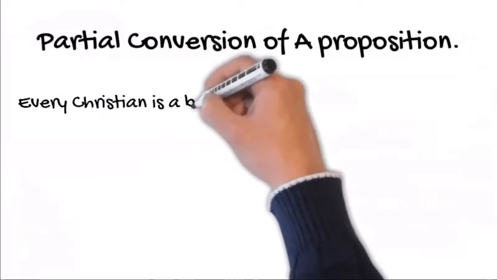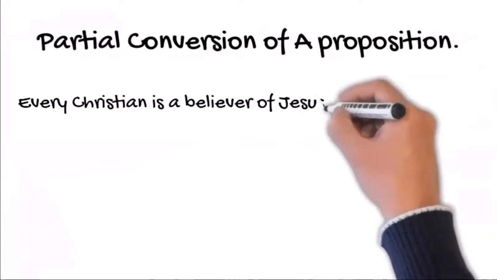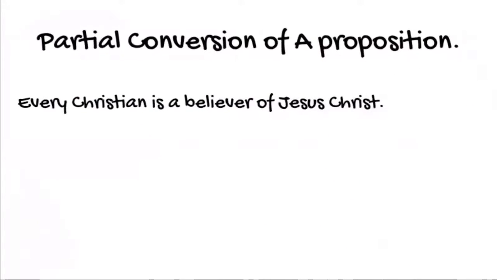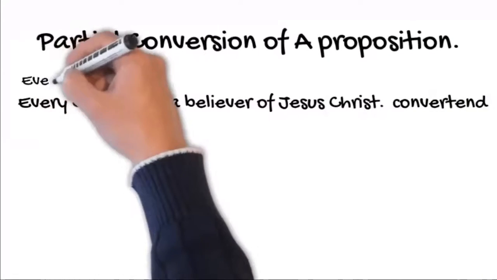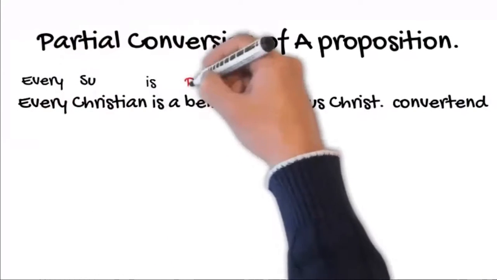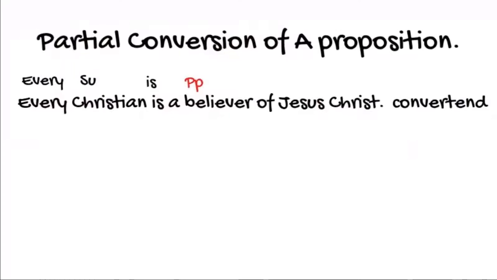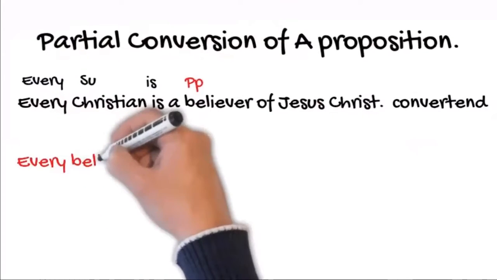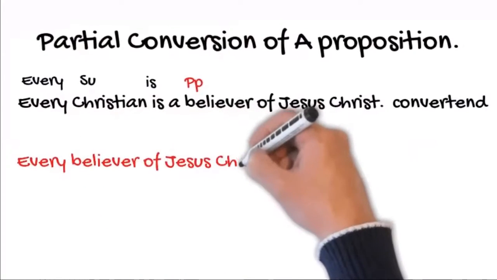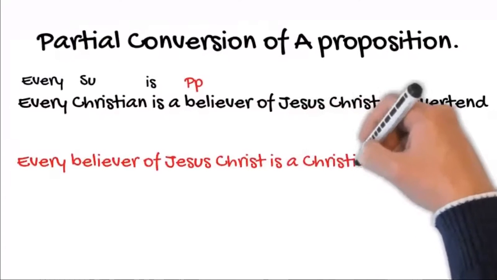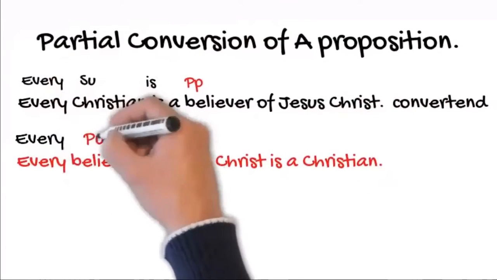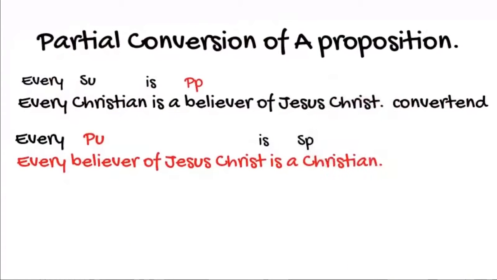For example, every Christian is a believer of Jesus Christ. So we have a subject term that is universal and the predicate term that is particular. In the converse, if we convert it into an A proposition, then there will be an overextension.